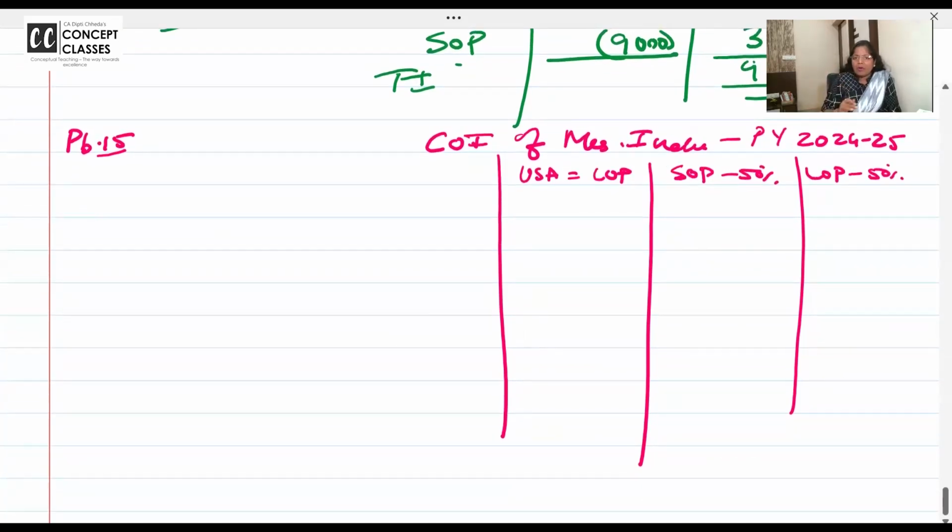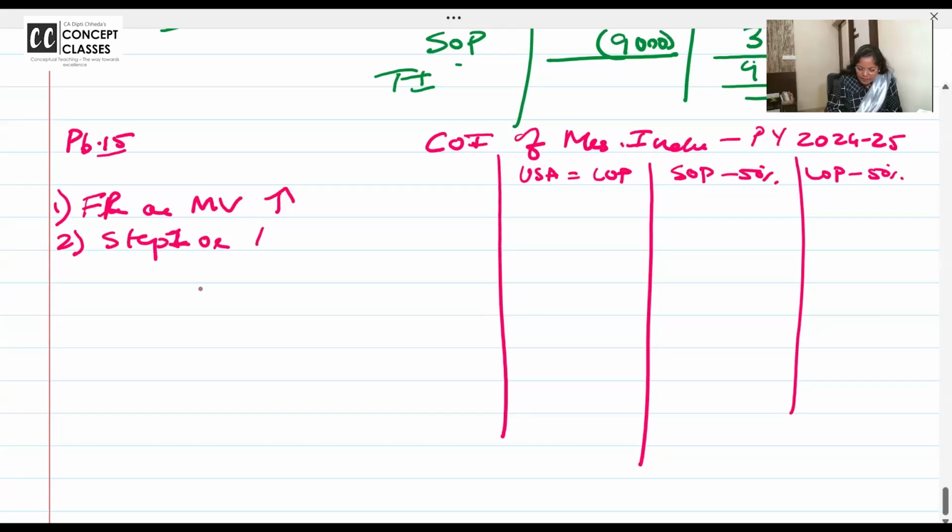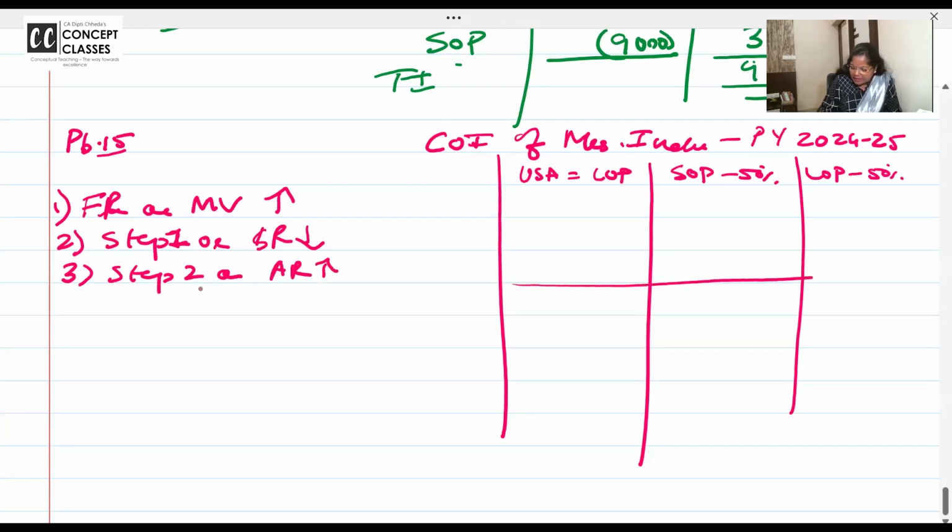If you trust my process, don't check the answer and start writing on your own. Step 1, fair rent or municipal value, whichever is higher. Step 2, step 1 or standard rent, whichever is lower. Step 3, step 2 or actual rent, whichever is higher.